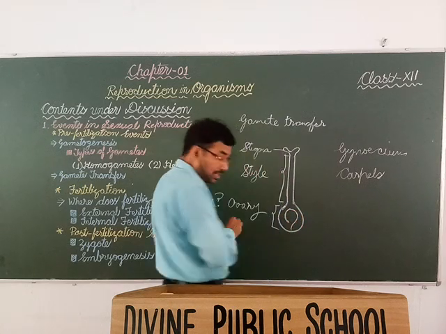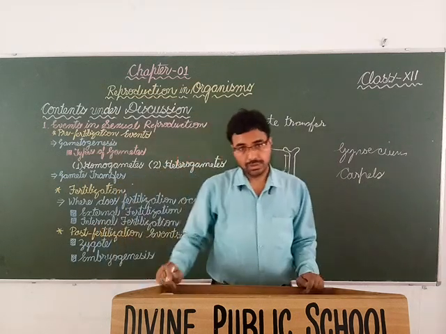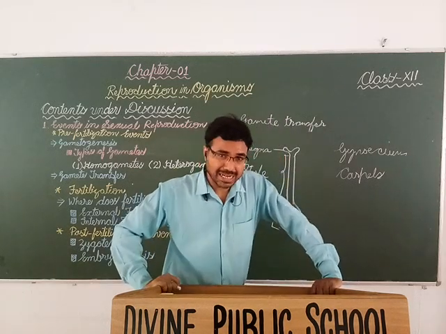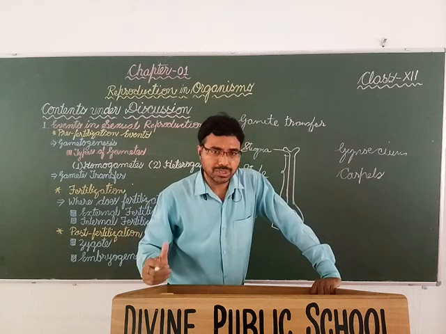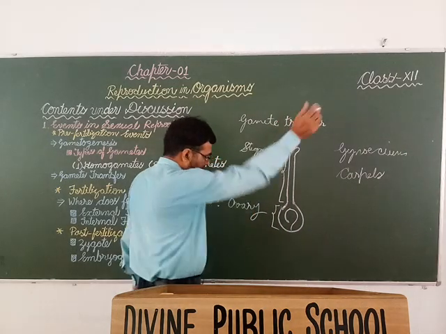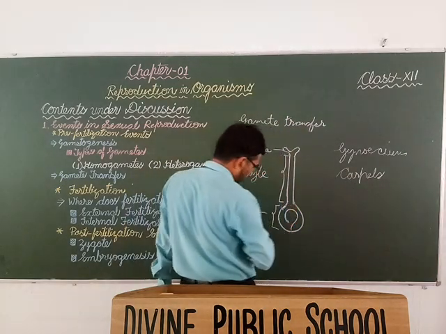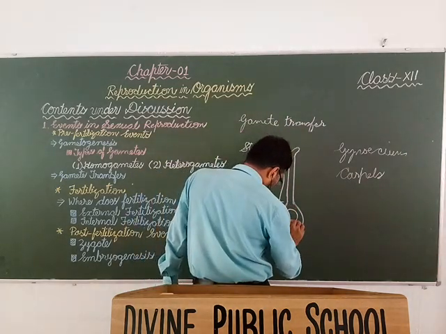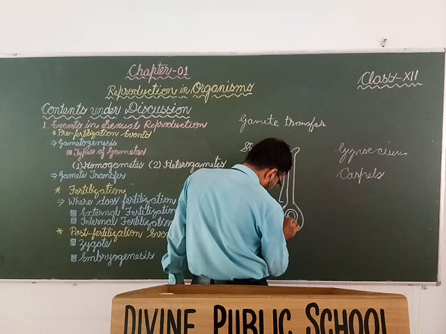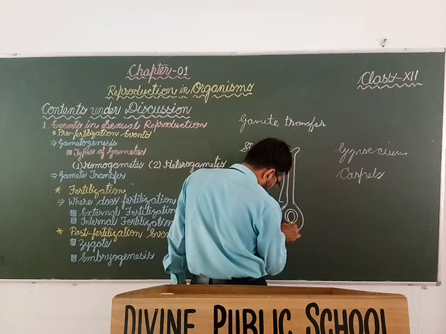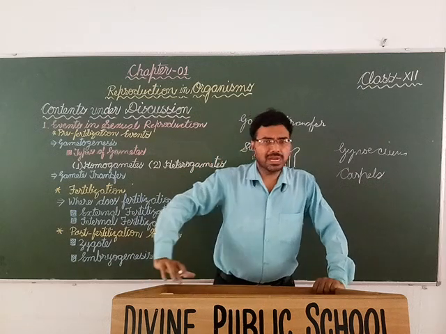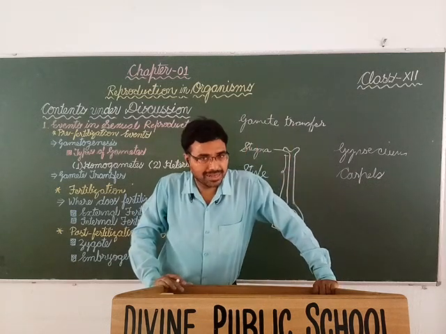And inside the ovule, one more structure. What is the name of that structure? This all belongs to class 10 standard. Inside this ovule, there is a structure which is called female gametophyte. And inside the female gametophyte, what is there?